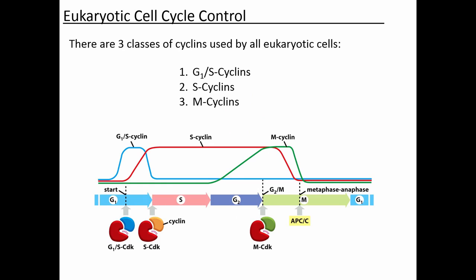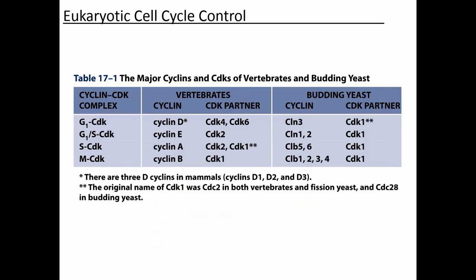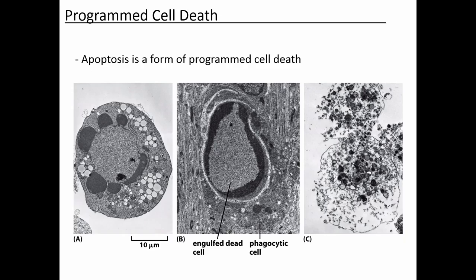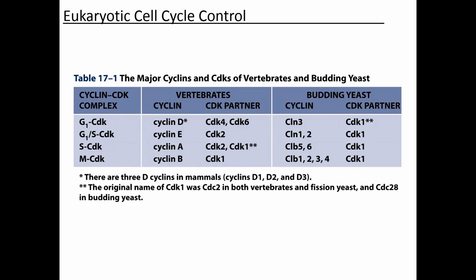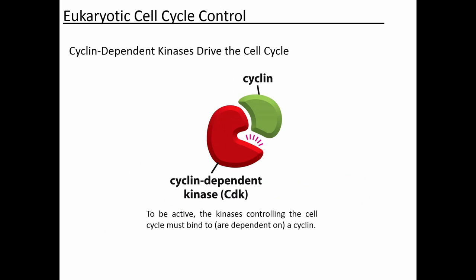And what's going to happen is that the cyclins, when they become active, are going to push the cell to the next phase. So the cyclin-dependent kinase adds phosphate groups to its substrates, and that's going to end up pushing the cell forward through the cell cycle.